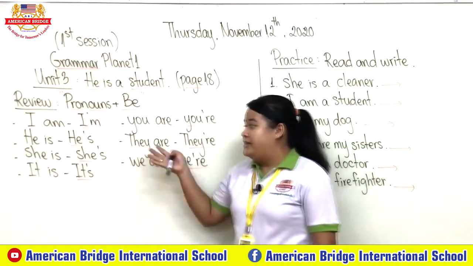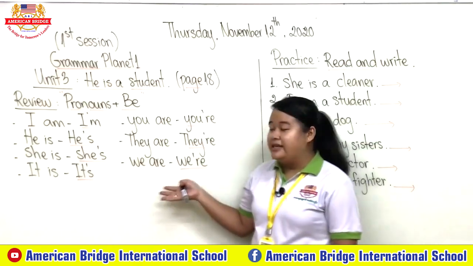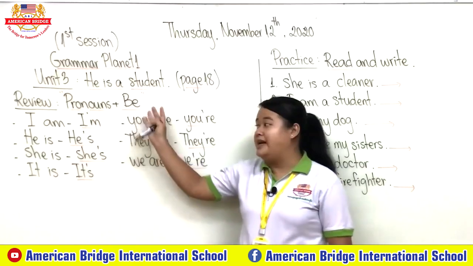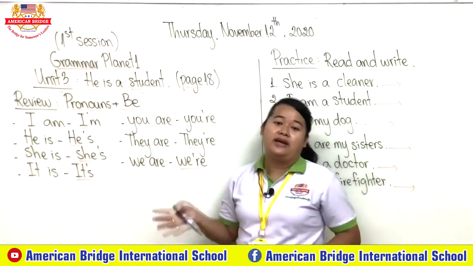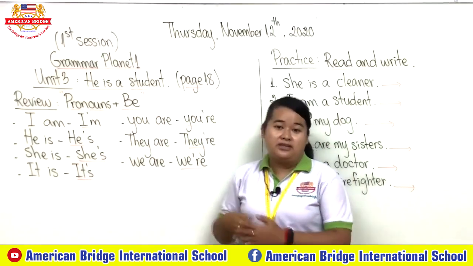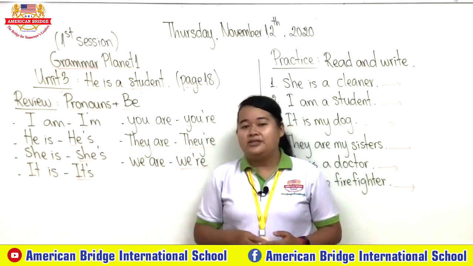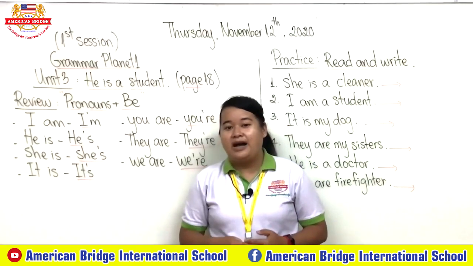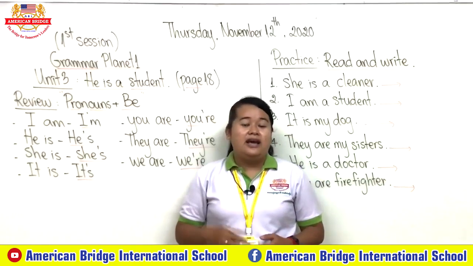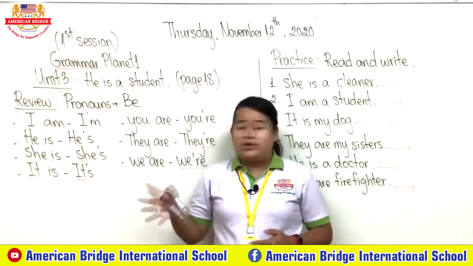On this whiteboard today, teacher wants you to review again how to use pronoun plus be. Pronoun focuses on the subject, right? How many subjects do we have? Great, teacher knows that you know about pronouns already.